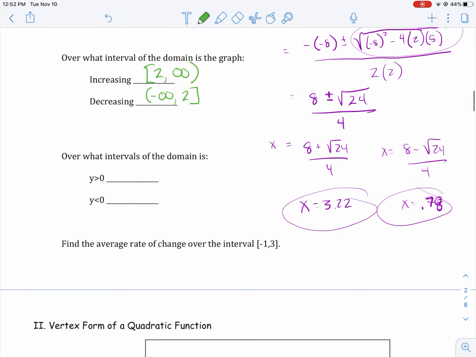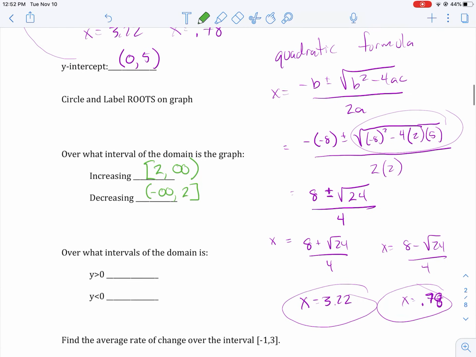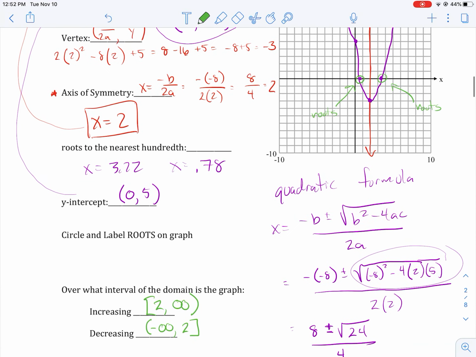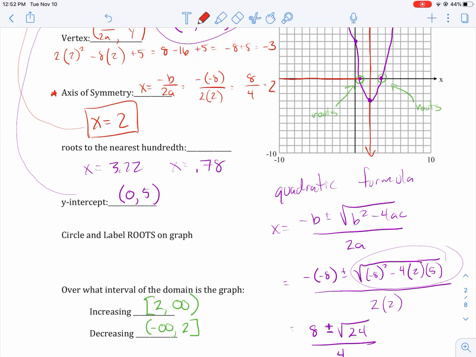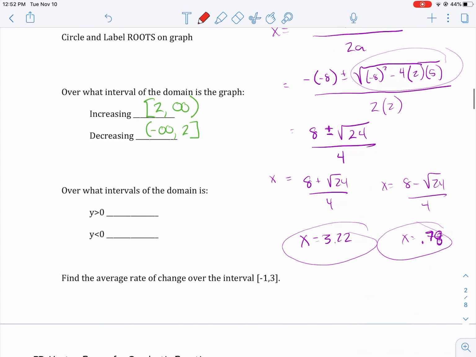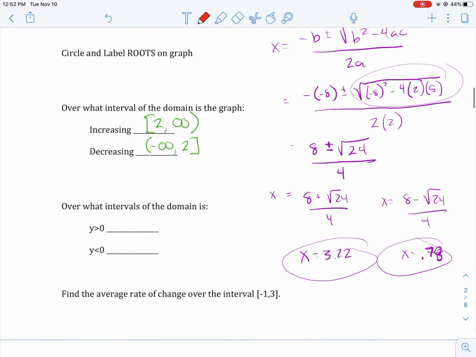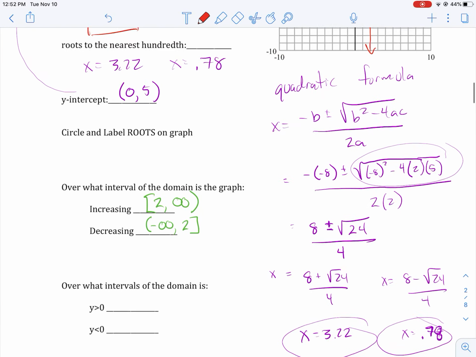For what intervals of the domain is y greater than 0? Again, we're looking at when we are above the x-axis, and that's going to involve our roots, where our graph crosses the x-intercept. So where is y greater than 0?